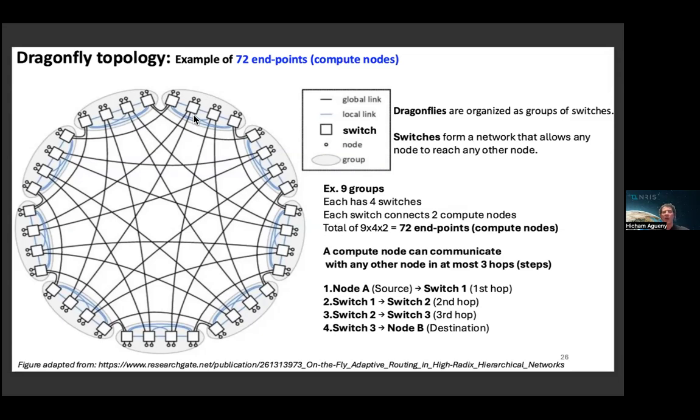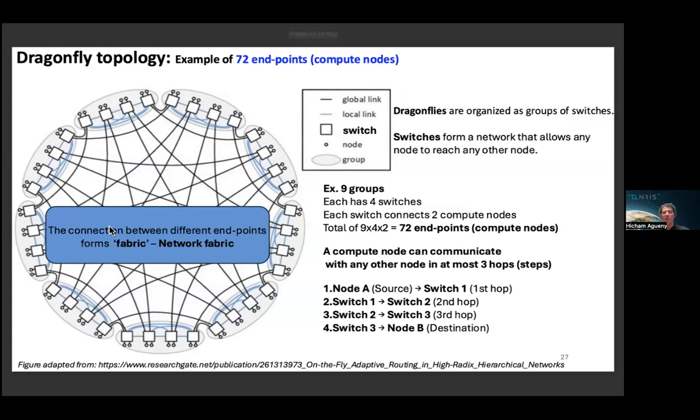The same scenario happens outside the group, and because of that, we build connections between different switches and different groups, and this set of connections is what we call a fabric. So a network fabric is a connection between different endpoints.